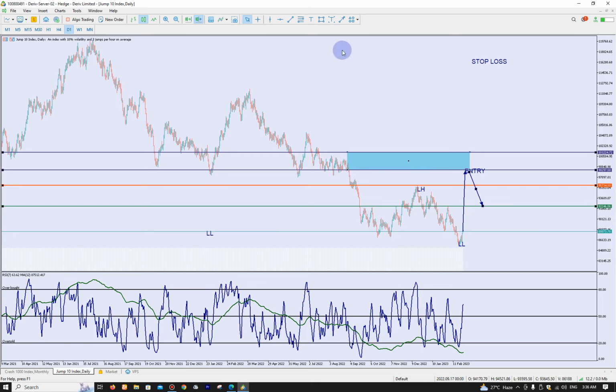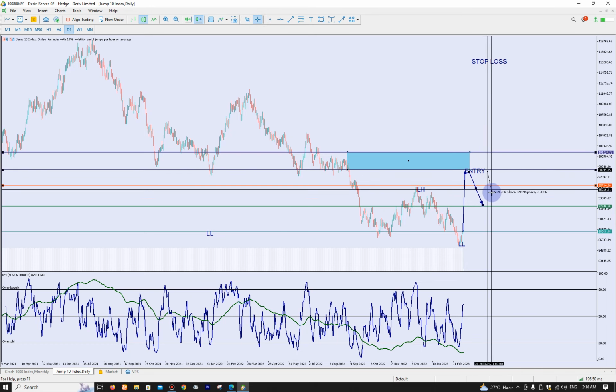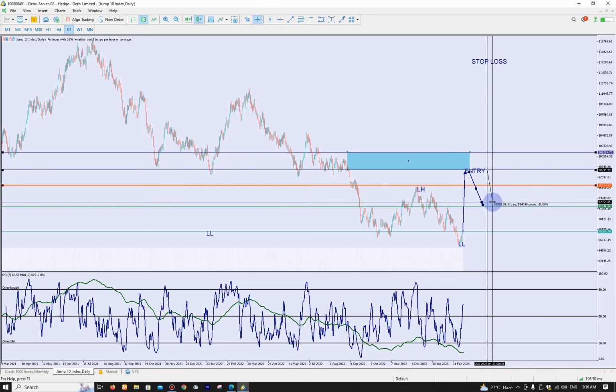Price could actually progress further down, but I don't want to be greedy. I don't want to over trade and say, oh, I must take everything in one trade. So I can just come down here and place my TP and see when price gets to this place, I'm out of the market and we are good to go. This is roughly over 50 pips.